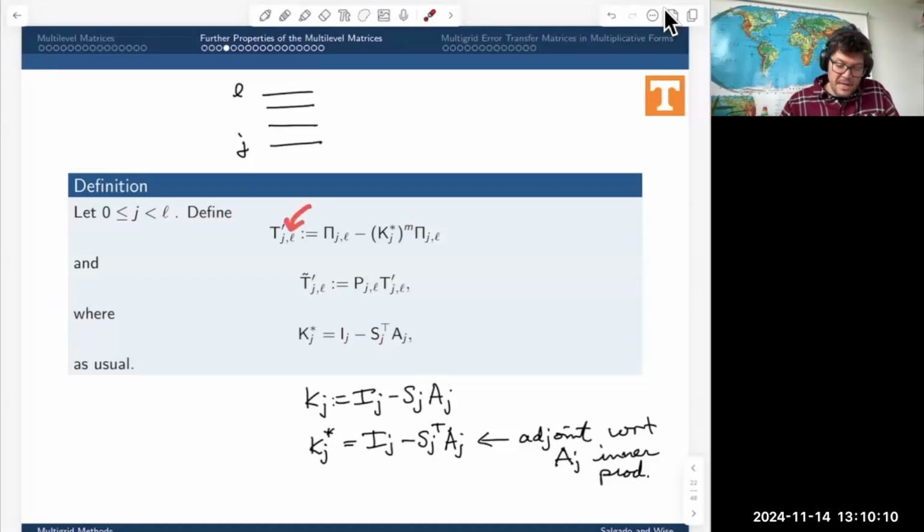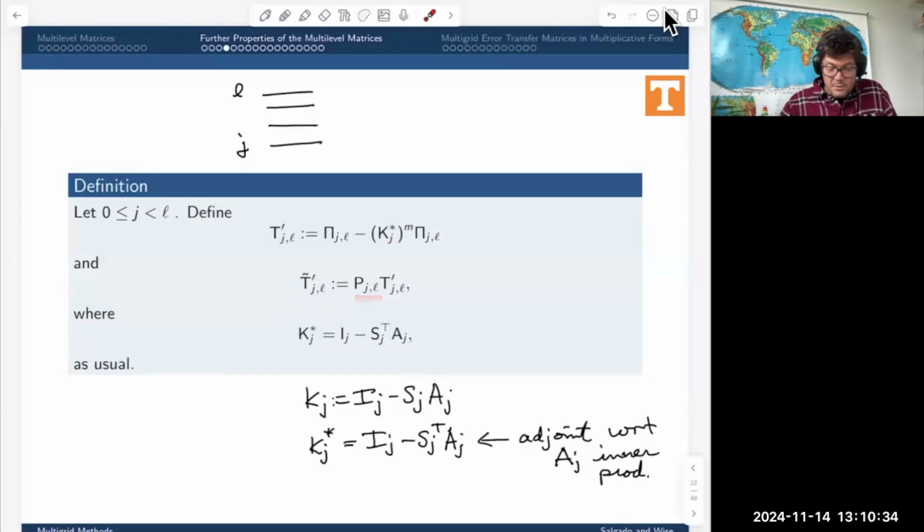And here, by the way, we're already dropping M. We're not introducing M, although we could. We could put an M there and an M here as well. We're going to go ahead and drop those from the beginning. So we're going to define the square version of this matrix in the same way we always do. If we want to define a square matrix, at least in the few examples we have so far, we apply the prolongation matrix.